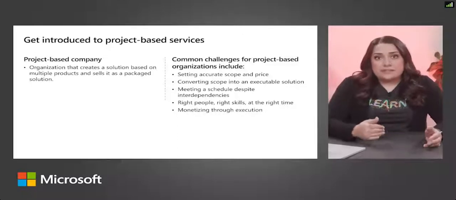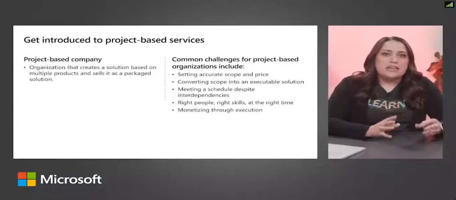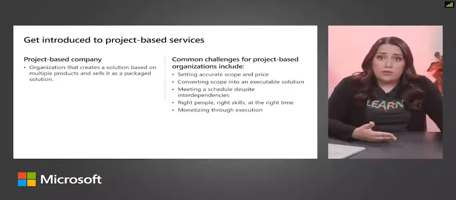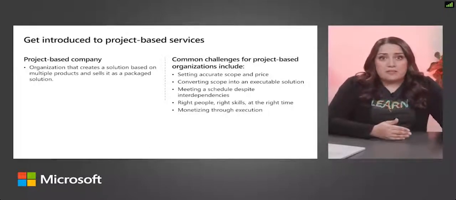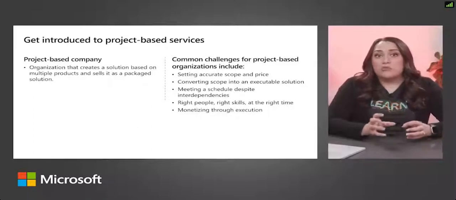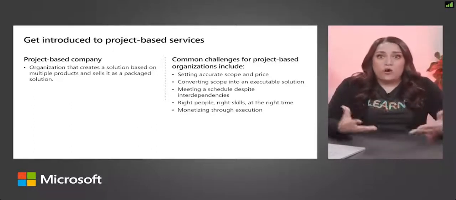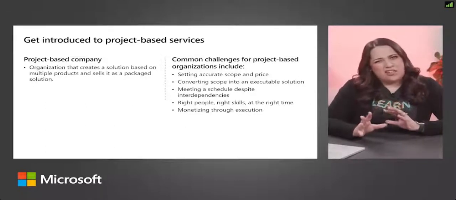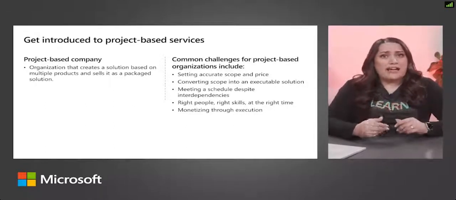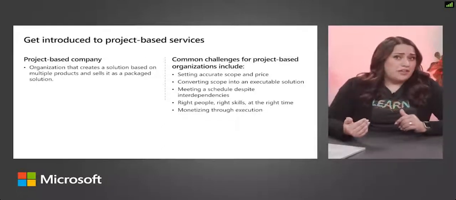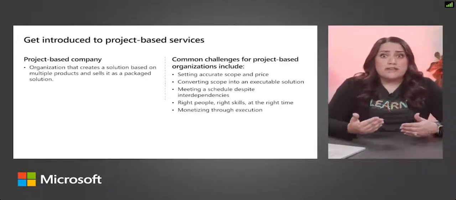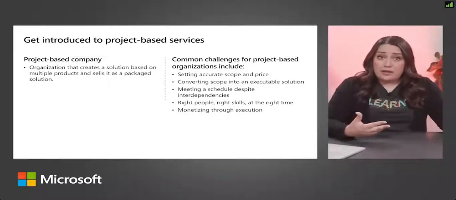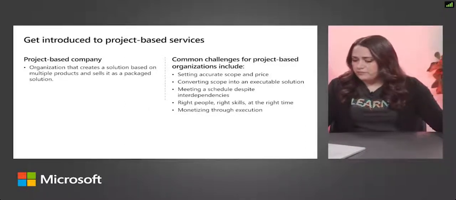The product service-based company sells a service or is making a specific product that they sell as a potential solution to a problem. Whereas a project-based company is creating a solution based on multiple products and sells it as an overall package solution. Project-based companies have challenges that don't normally apply to product-based sales companies. So in most cases, project-based organizations are utilizing and need to manage both labor and materials.